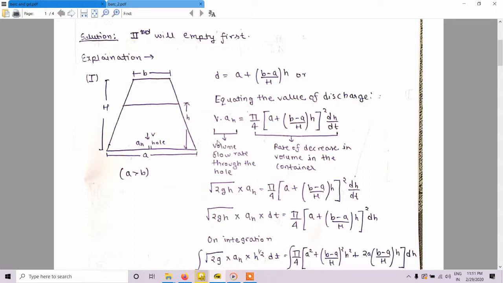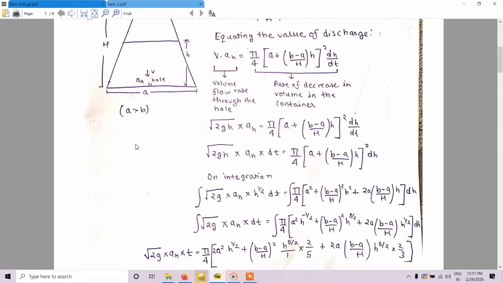As we all know, v is equal to under root 2gh. So we substitute v as under root 2gh into Ah is equal to pi by 4 into (a plus (b minus a) by H into small h) whole square into dh by dt.